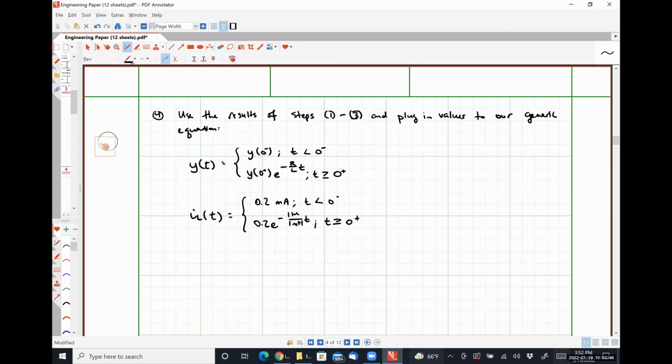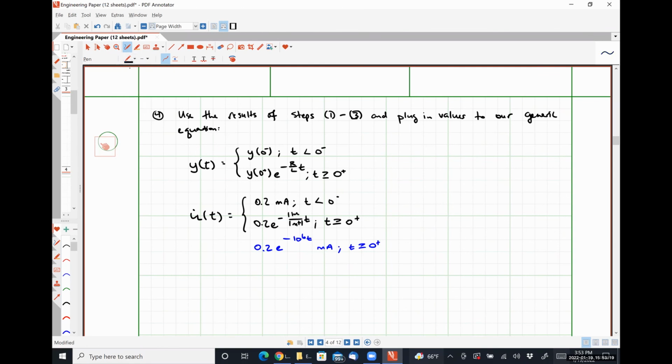And we can clean this up a little bit, right? That would be 0.2 e. So what's 1 kiloohm over 1 millihenry? Yes, that's a million, right? So negative 10 to the 6th t milliamps for t greater than or equal to 0 plus.